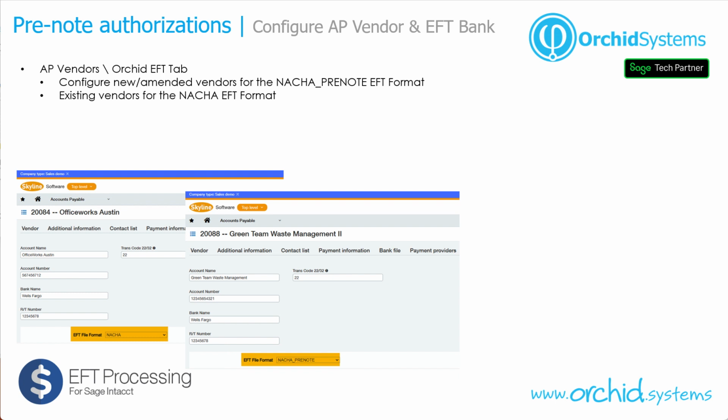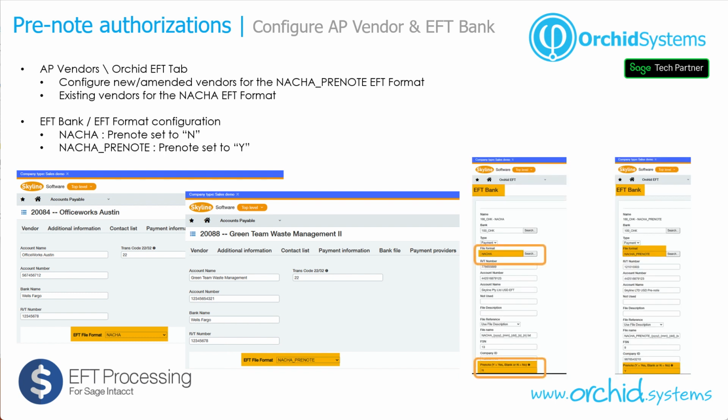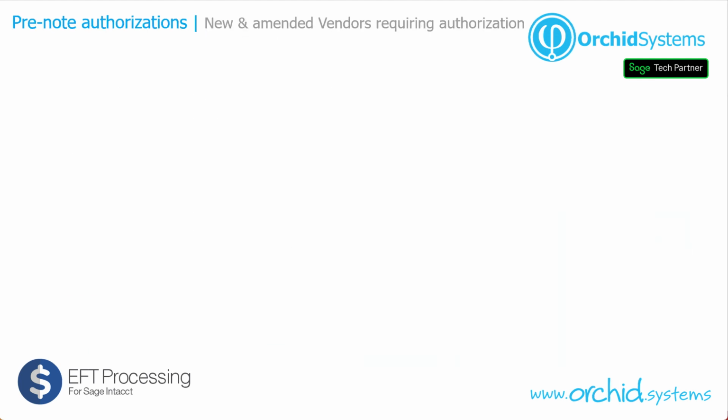And by default, on the EFT banks, for the NACHA format, you would have the pre-note set to N, and for the NACHA Pre-Note format, you would say that the pre-note was set to Y. In this first example, I'm going to show you how to use the NACHA Pre-Note format for new and amended vendors requiring authorization.